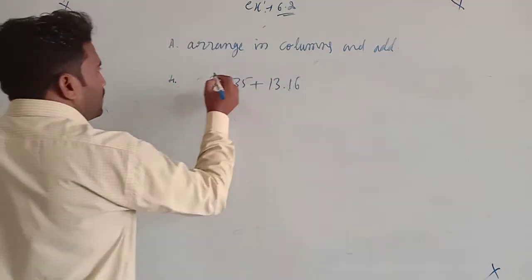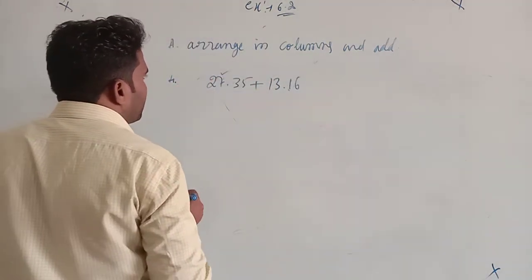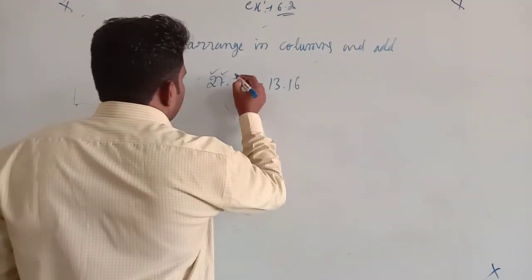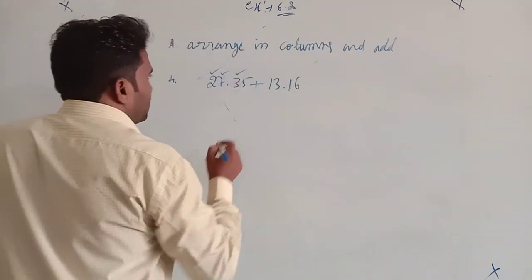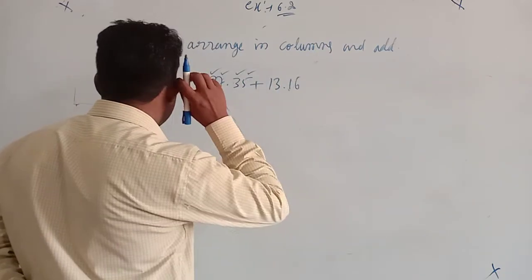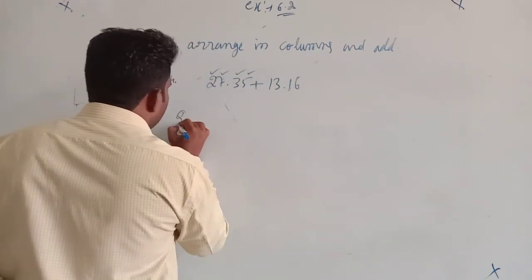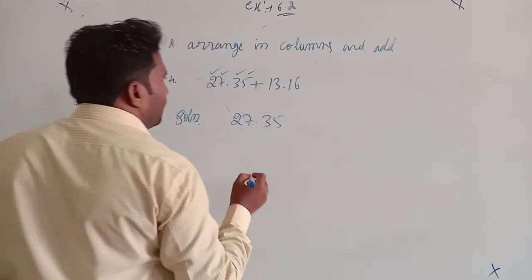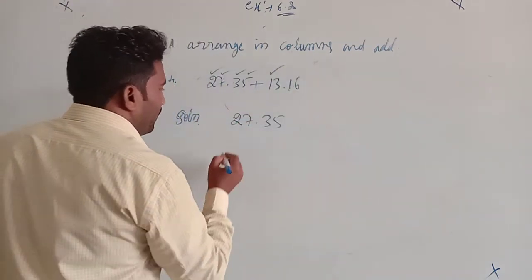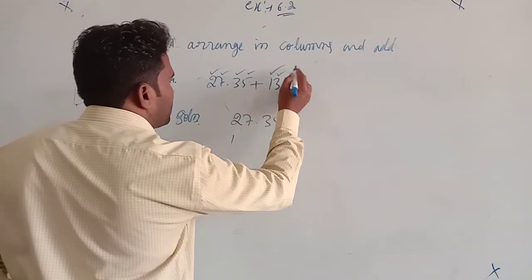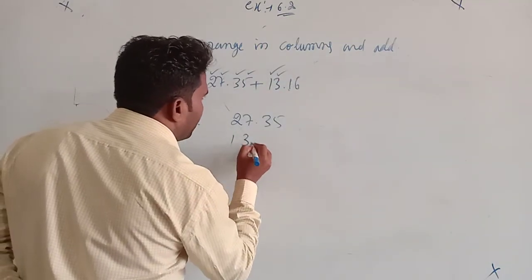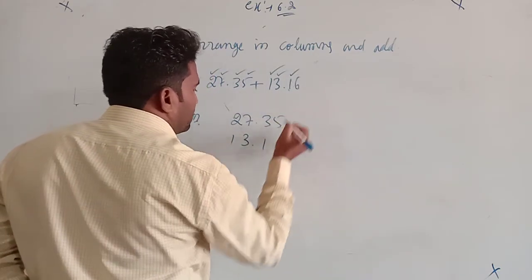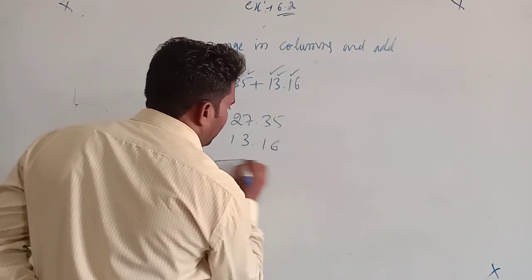So 7 is in the ones place, 2 is in the tens place. We arrange 27.35, and 1 is in the tens place, 3 is in the ones place, so 13 point 16, with tenths under tenths and 6 in the hundredths place.